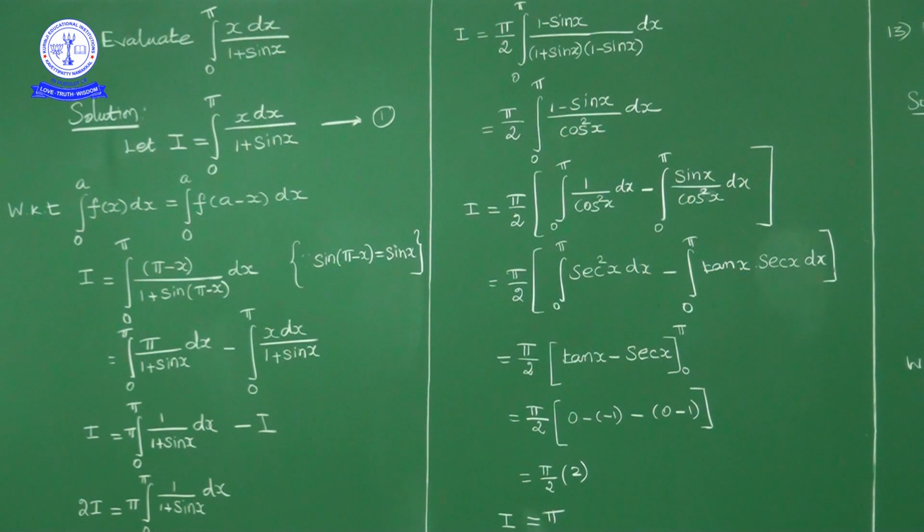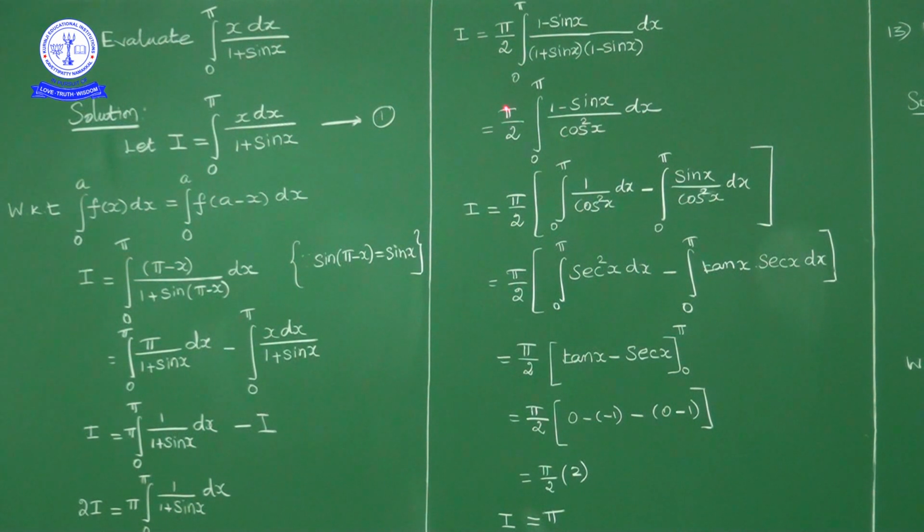So I is equal to pi by 2 into integral 0 to pi 1 minus sin x upon 1 plus sin x into 1 minus sin x. So what I am doing here, cross multiplying to this side and multiplying and dividing with 1 minus sin x. So denominator 1 plus sin x into 1 minus sin x, 1 minus sin square x, 1 minus sin square x is cos square x.